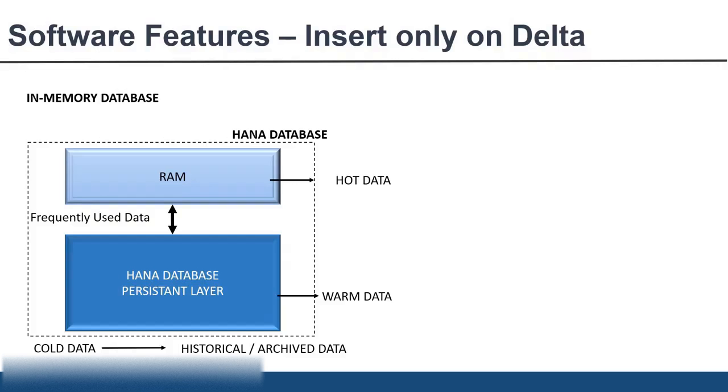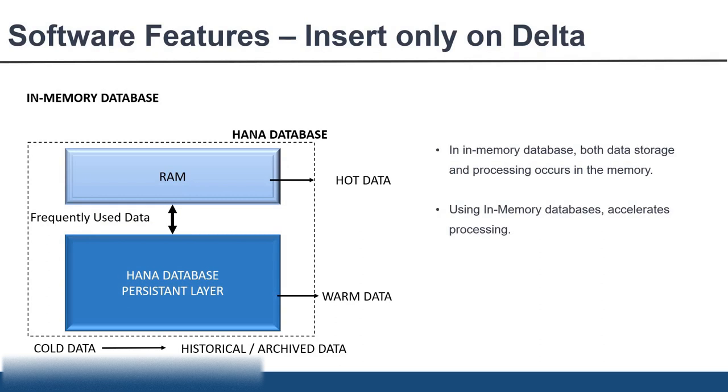So depending upon the usage of data, SAP handles the data in 3 different temperatures: hot data, warm data and cold data. With an in-memory database, the data storage and processing happens within the memory, and using an in-memory database helps us to increase the speed, and data is handled according to the usage, or the data temperatures are created according to the usage of the data.